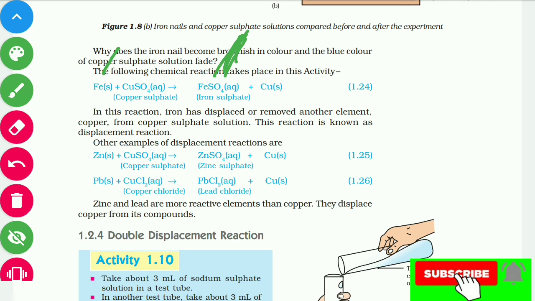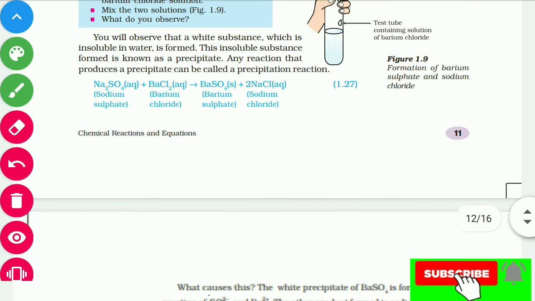Here is Zn. In this Zn displaces copper, and on the product side you get ZnSO4 and Cu. Next example is lead: lead displaces copper, and in the product you will get lead chloride and copper. Here is also the same.